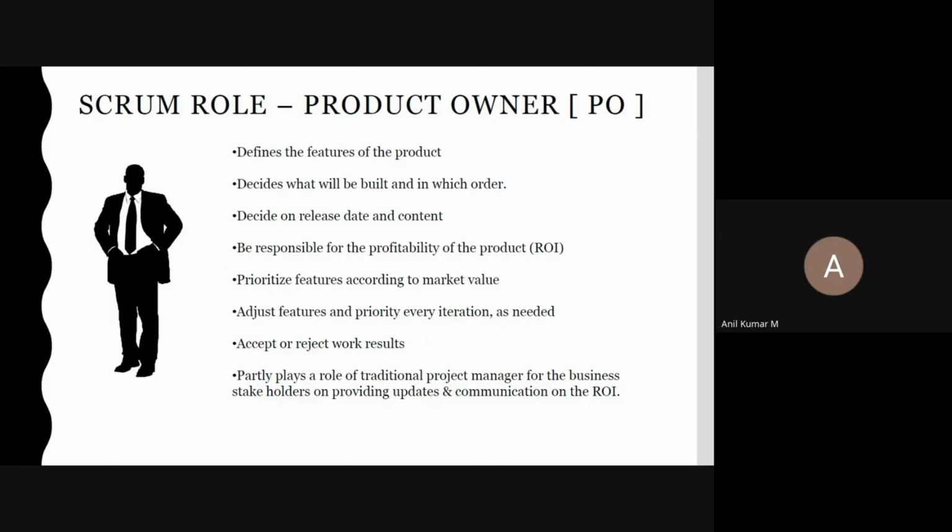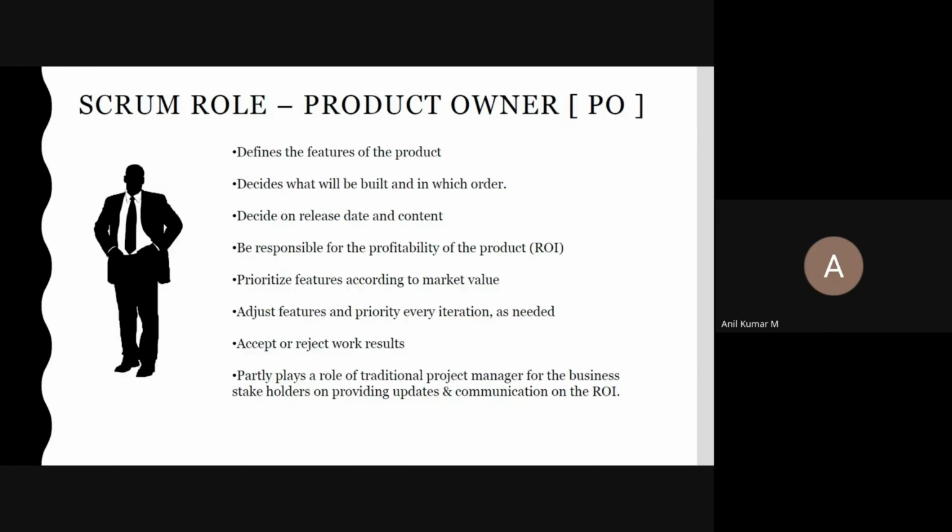Today we will see the roles and responsibilities of the Scrum roles. Now here we have the product owner. Product owner is your client employee, the one who is going to give the requirements to you. He defines the features of the product, decides what will be built and in which order.